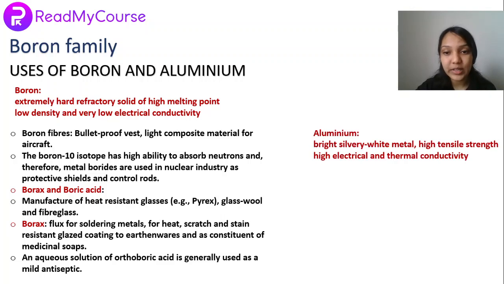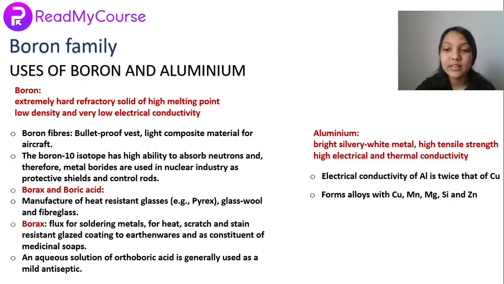Fine. Now moving ahead, aluminium. Aluminium is a bright silvery white metal, and it has high tensile strength, and high electrical and thermal conductivity. The electrical conductivity of aluminium is twice that of copper. When we check it by weight, usually we know copper is a very good conductor of heat and electricity, right?